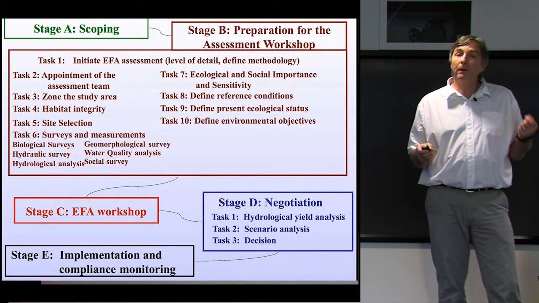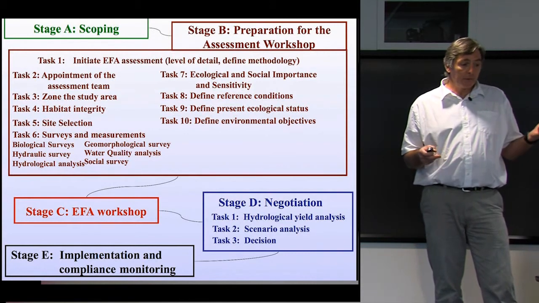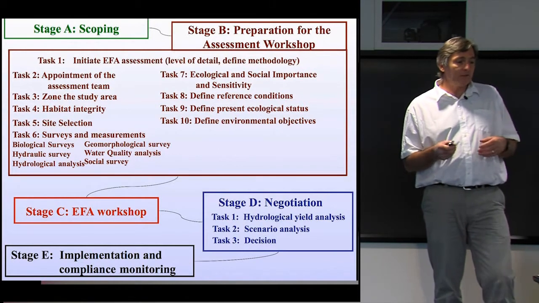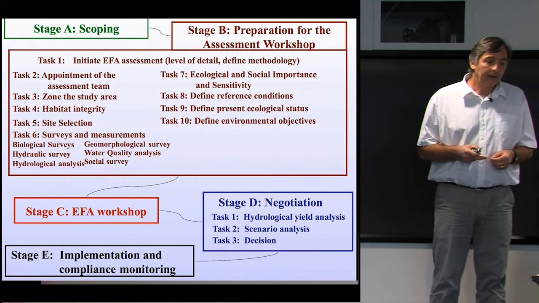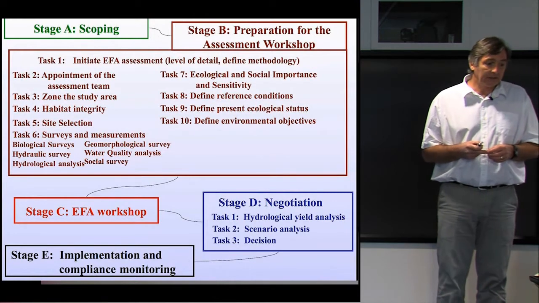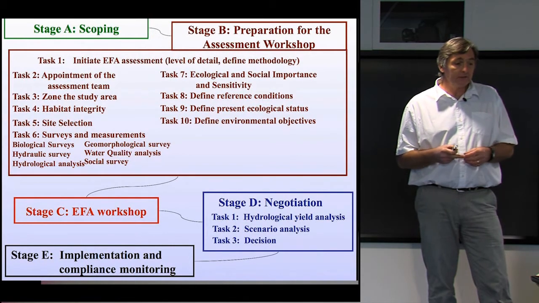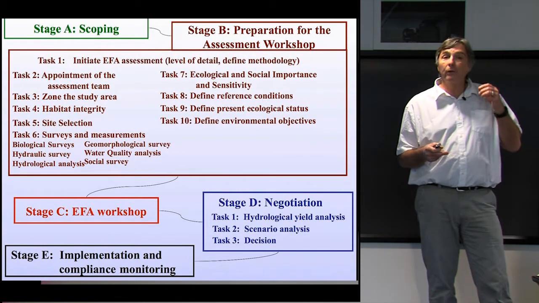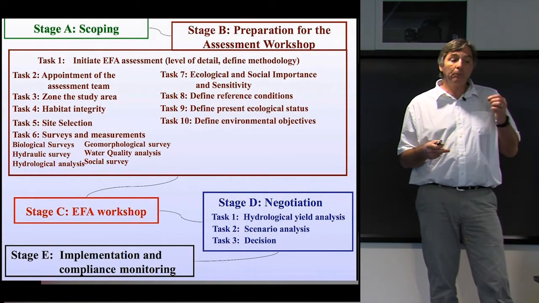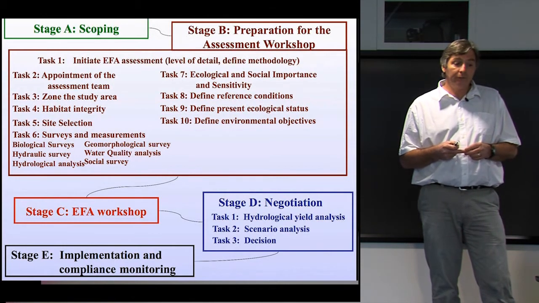Then into Stage B, preparation for the environmental flow assessment workshop with a number of different tasks, which I'll go through in detail: appointing the assessment team, zoning the study area, habitat integrity assessment, selecting sites for detailed studies, then the surveys and measurements, the field tasks, the ecological and social importance and sensitivity, defining reference conditions, defining present ecological status, and defining environmental objectives.